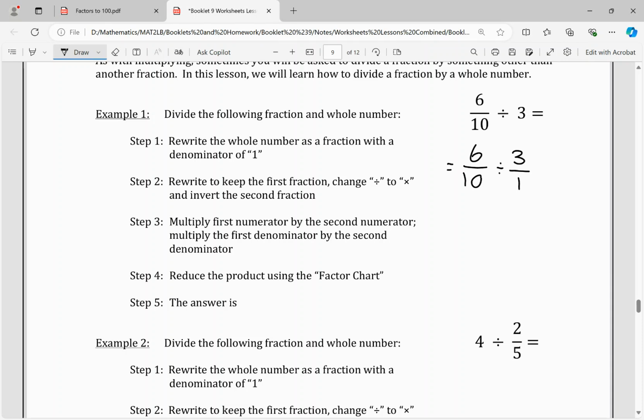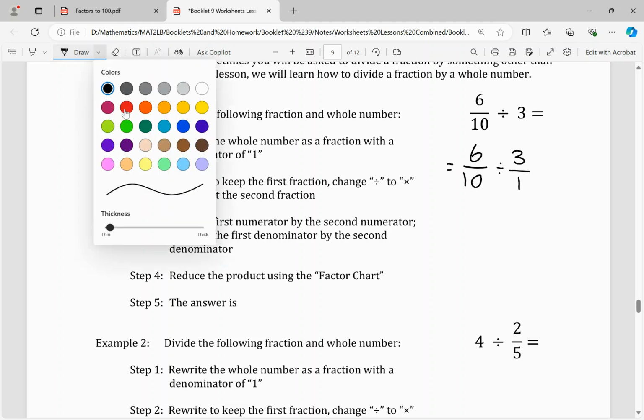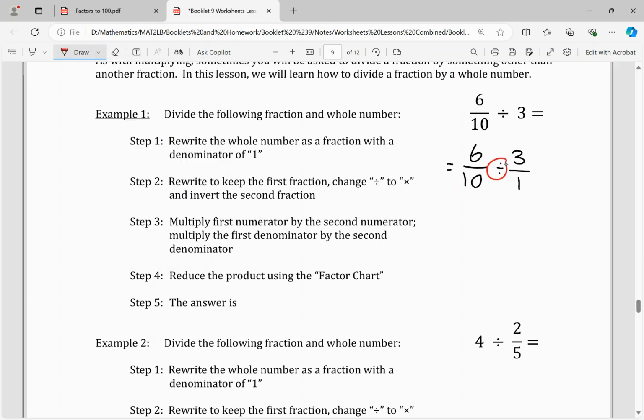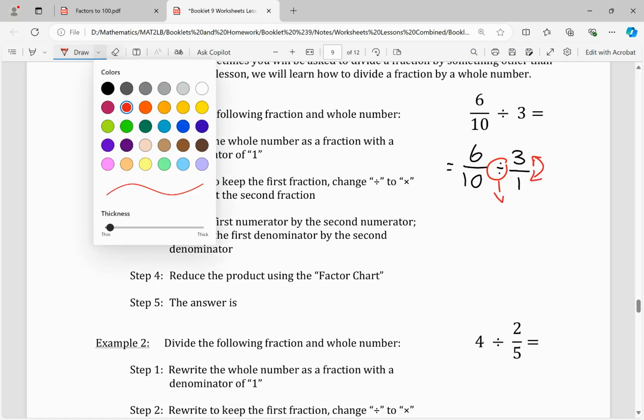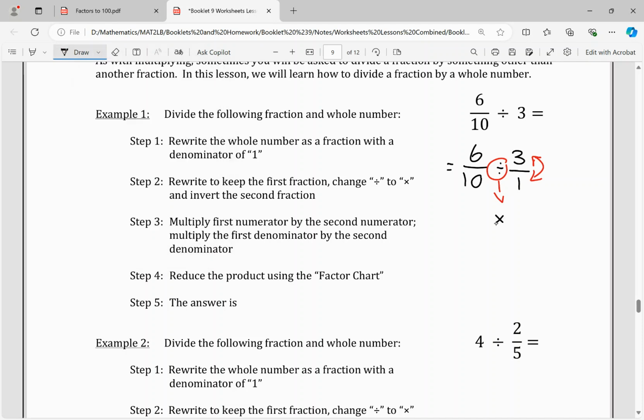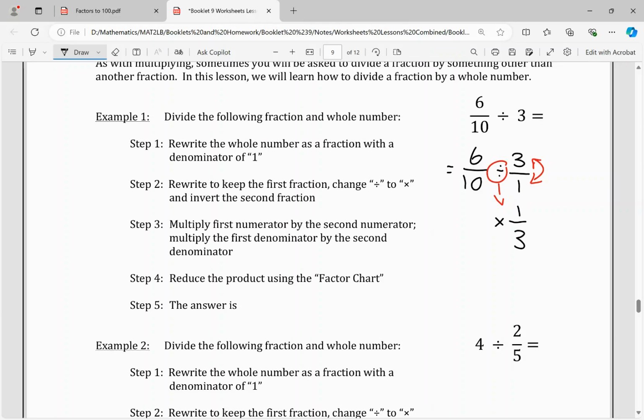Now, we have two fractions that are being divided. So the next step is to turn that into a multiplication problem. We're going to take that division symbol, turn it into a multiplication, as long as we take the second fraction and flip it, take the reciprocal. So the second fraction is going to turn into 1 over 3, and the first fraction is going to stay as is.